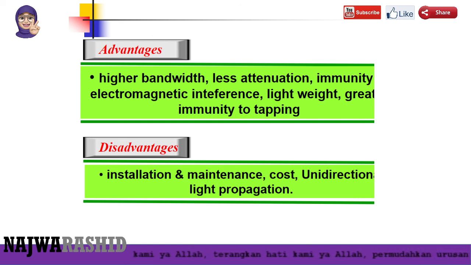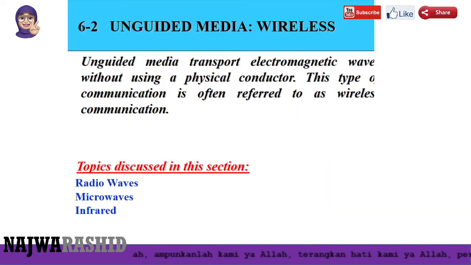Okay, and then it uses unidirectional light propagation, so the density of the cable must be accurately calculated in order to make sure that the light will be reflected through the cable.